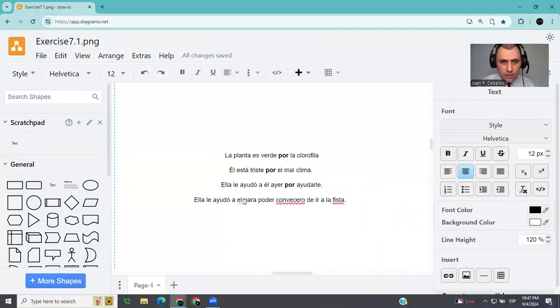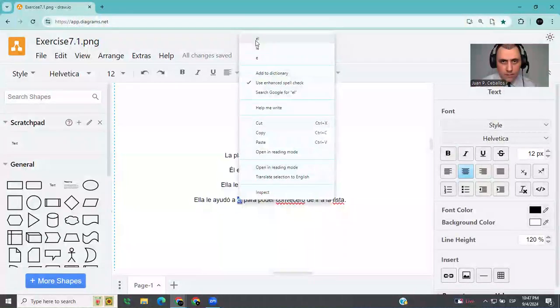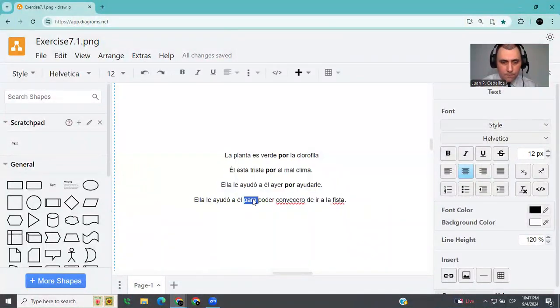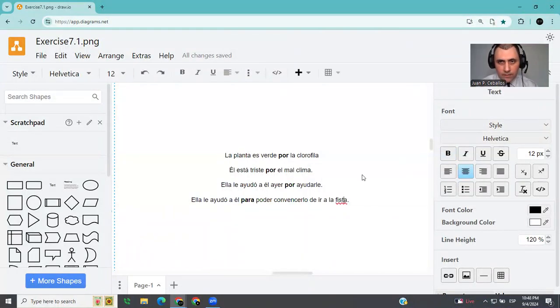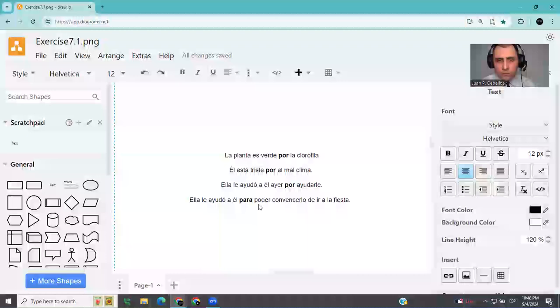Ella le ayudó a él para poder convencerlo de ir a la fiesta. She helped him yesterday for the sake of trying to convince him to go to the party.